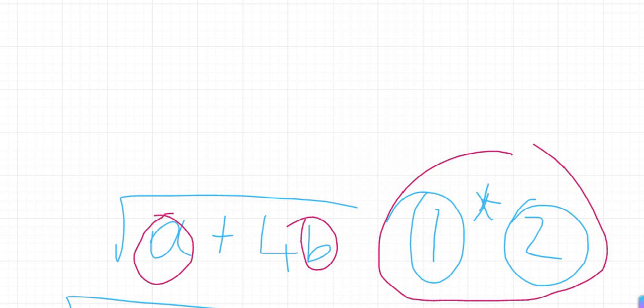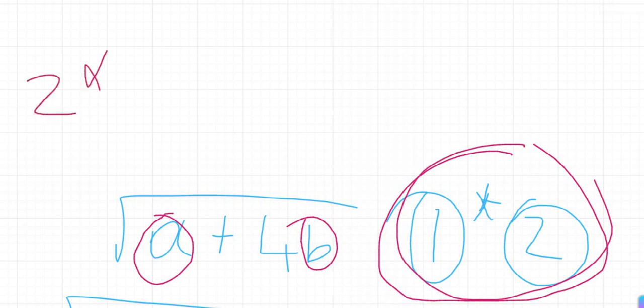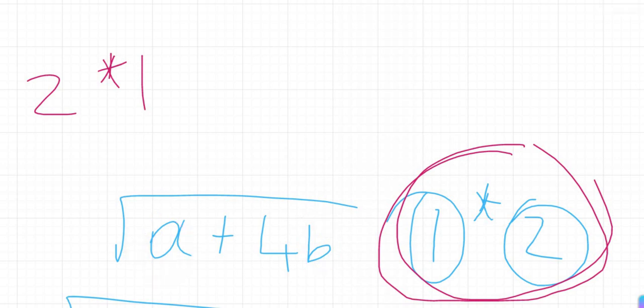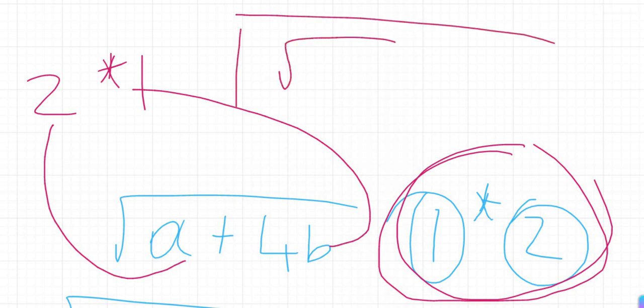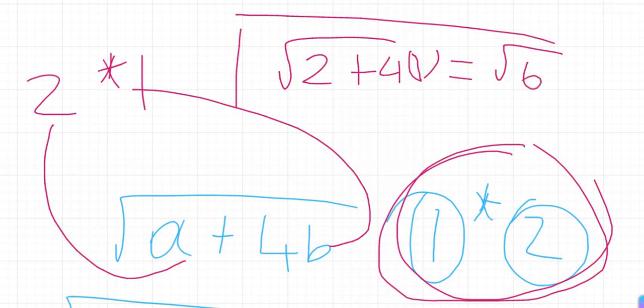Let us interchange this, so we will rewrite it like 2 asterisk 1, and then we just substitute this for that and this for that. When we do that, we have the square root of 2 plus 4 times 1, and that gives us the square root of 6.